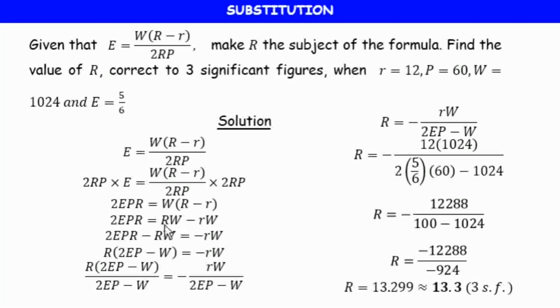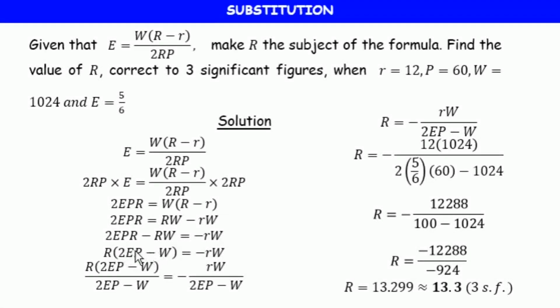We migrate the capital R from the right side to the left side. Now we have 2EPR minus capital R W is equal to negative small r W.